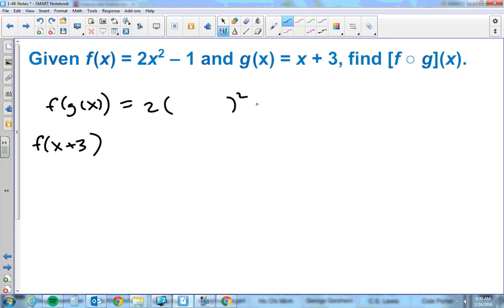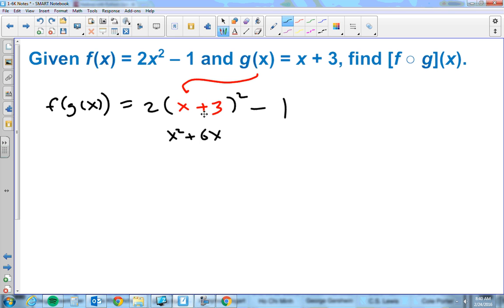So once again, you lay out f, it squares it, doubles, subtracts 1, and then what goes into f? G. So put x plus 3 there, and then just simplify. What is x plus 3 squared? Plus what?